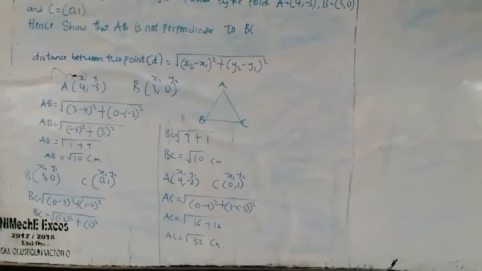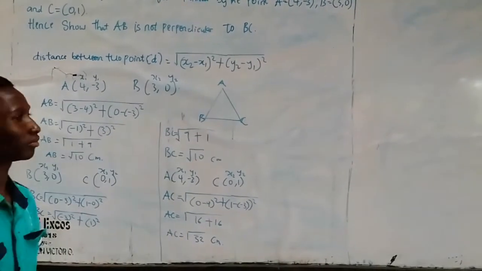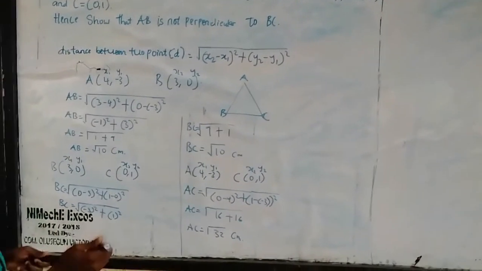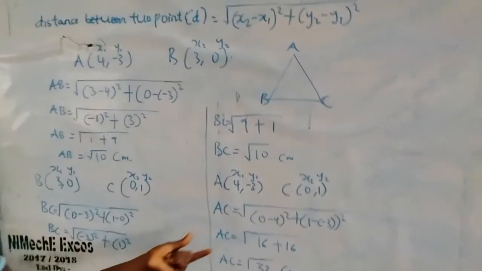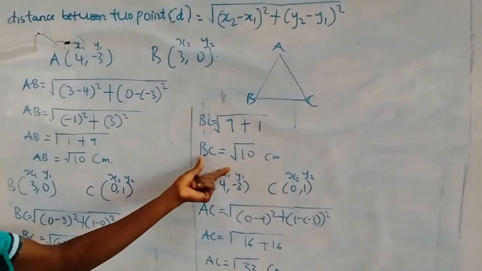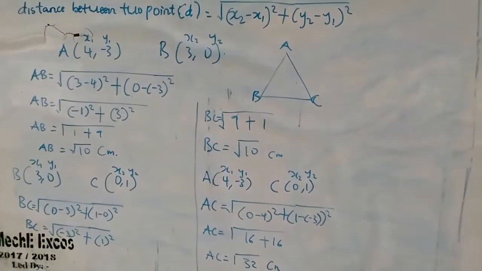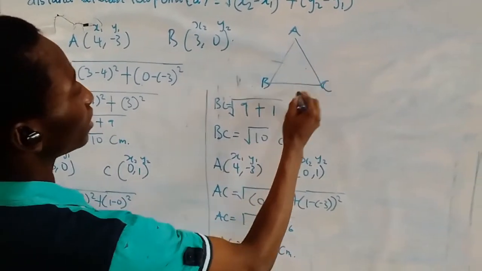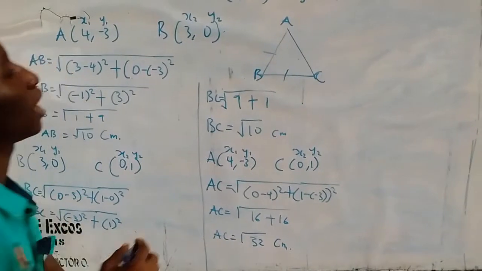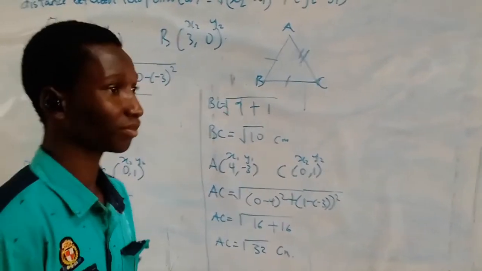So how are we going to identify the type of our triangle? According to the diagram given below, you can see that our BC is equivalent to our what? Our BC is equivalent to AB. AB is the same thing as our BC, while our AC is quite different.